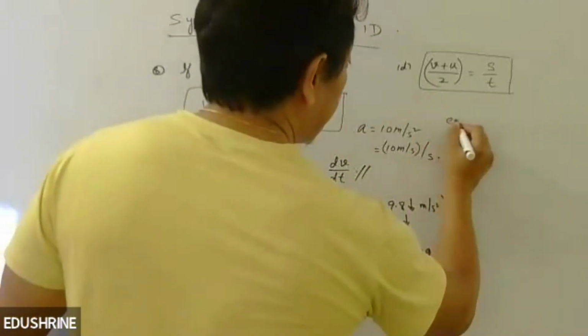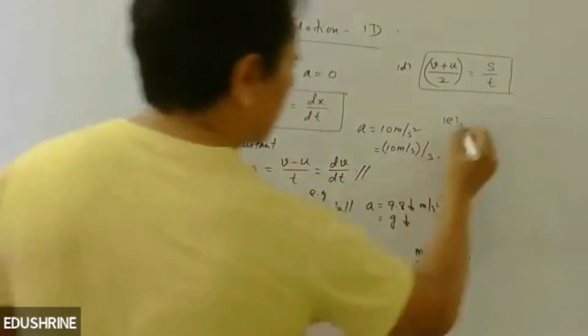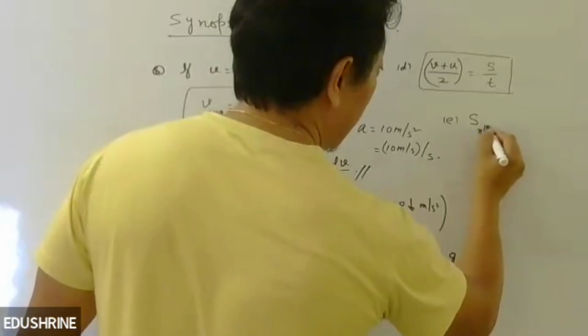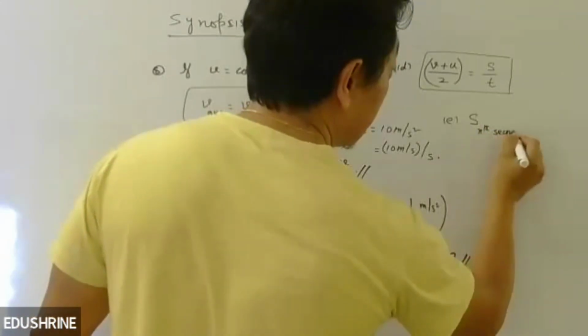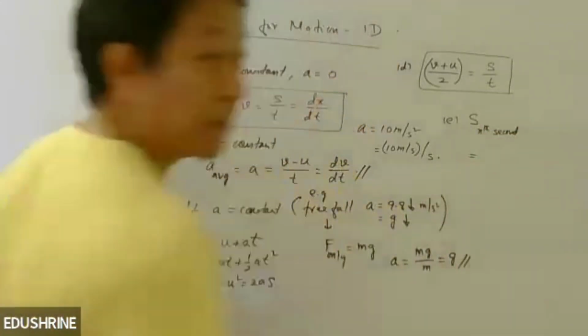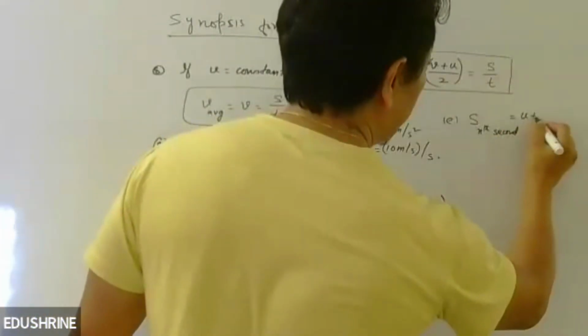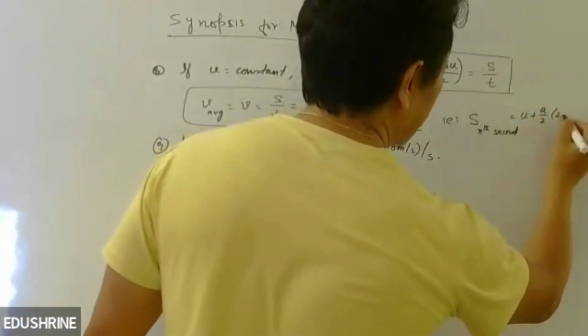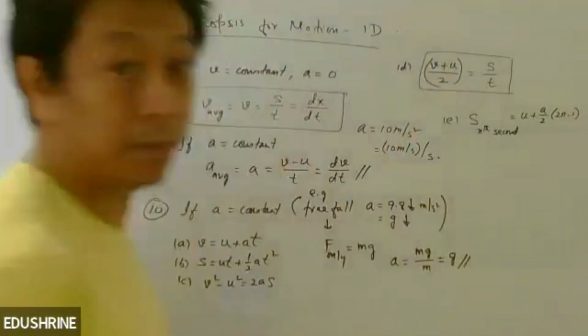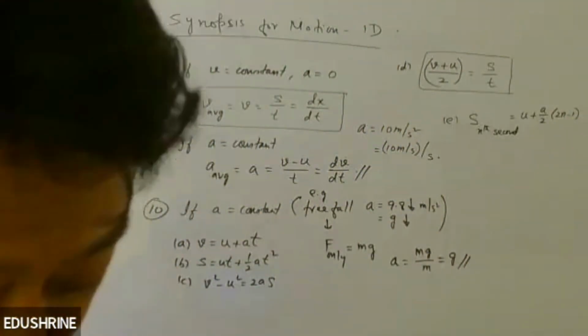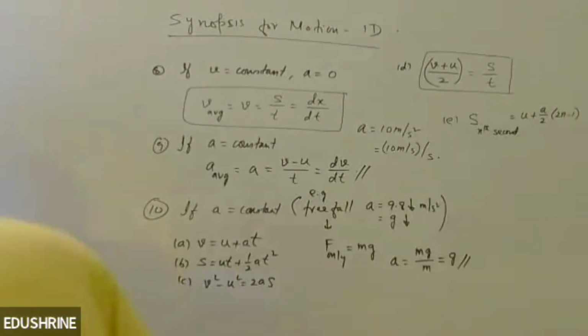And then you may sometimes be interested to know the displacement in the nth second. If you want to know the displacement in the nth second, the formula is u plus a by 2 times (2n minus 1). Okay, so try to remember these equations.